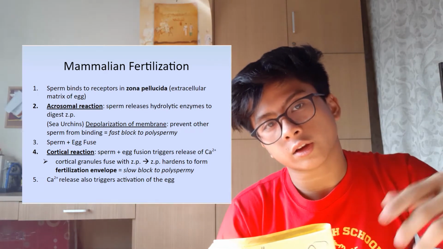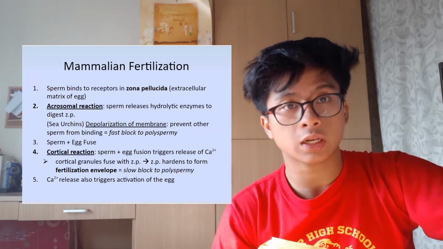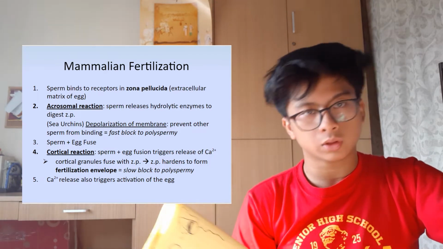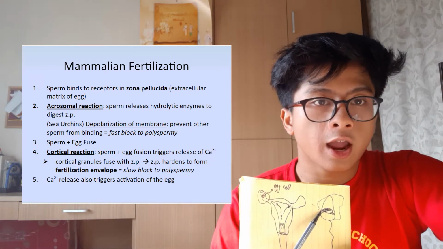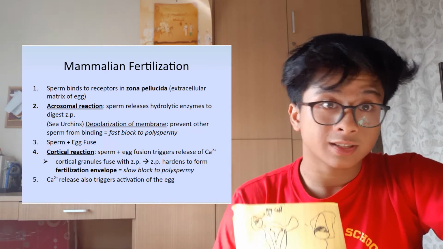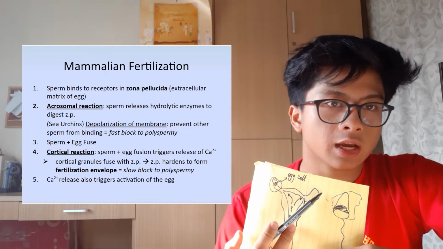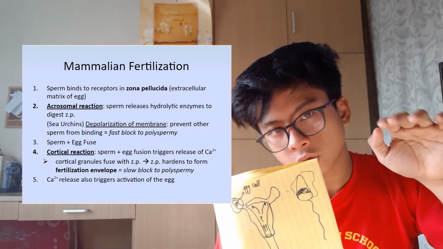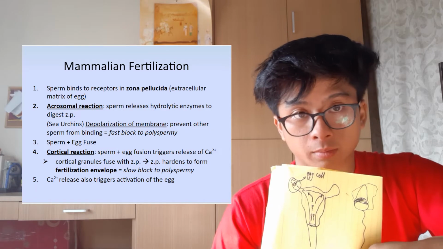Before the sperm cell actually reaches and fertilizes the egg, it must first penetrate the zona pellucida, the outer membrane. So how would the sperm cell be able to penetrate the zona pellucida? Well, there's the acrosomal reaction, as you can see in number 2, the second step. The acrosomal reaction is where the sperm cell releases digestive enzymes, which enable it to digest and penetrate through the zona pellucida and finally reach the surface of the inner membrane.